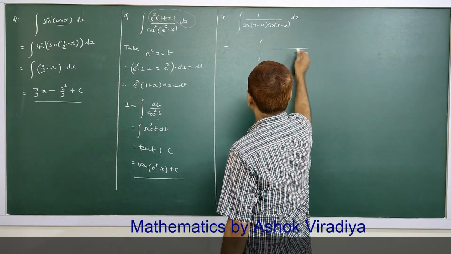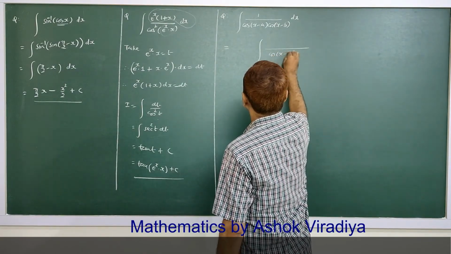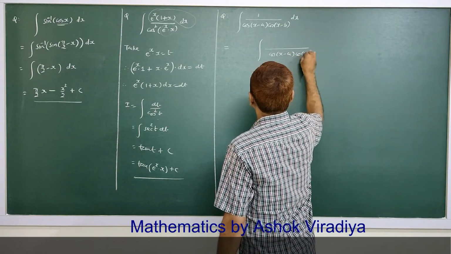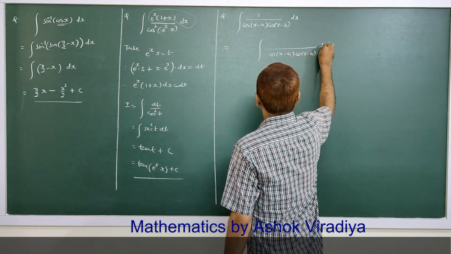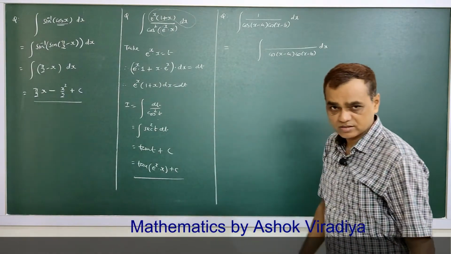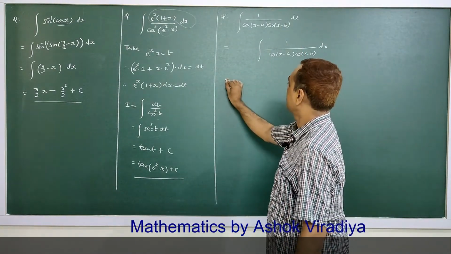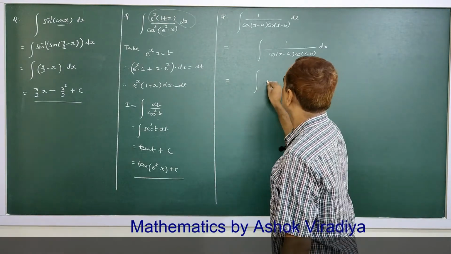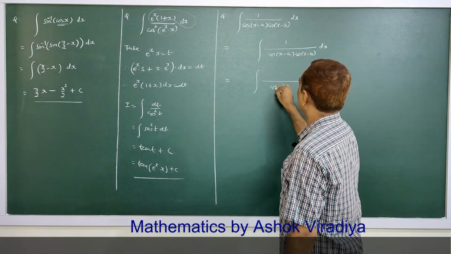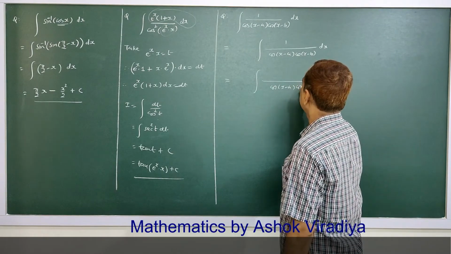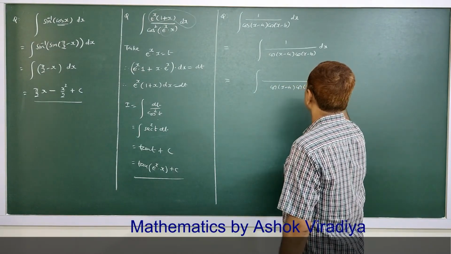look here, I am leaving space. This is 1. It is equal to cos of x minus a into cos of x minus b.